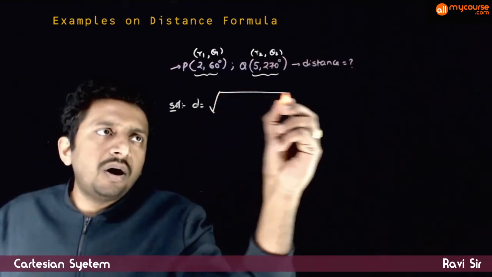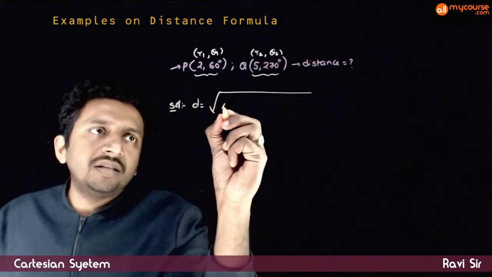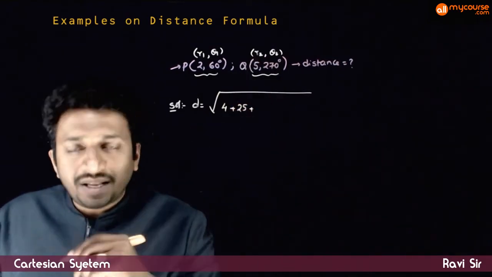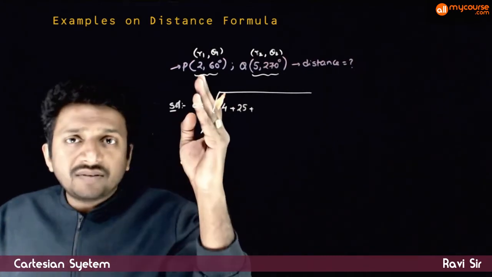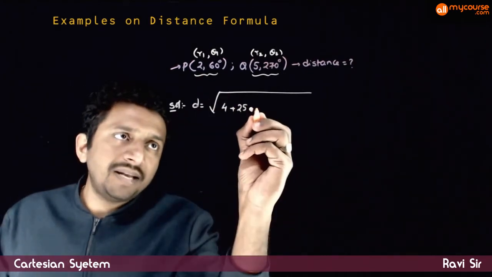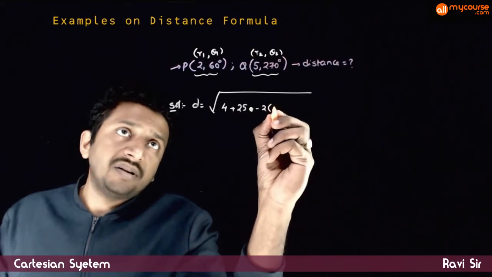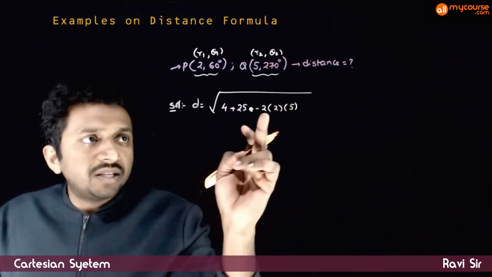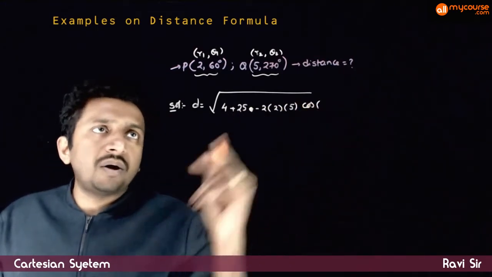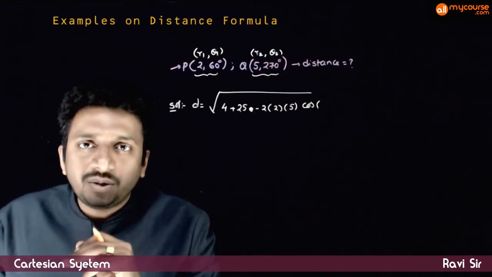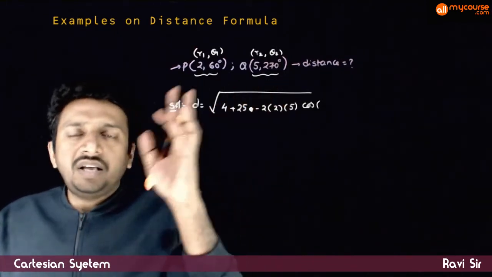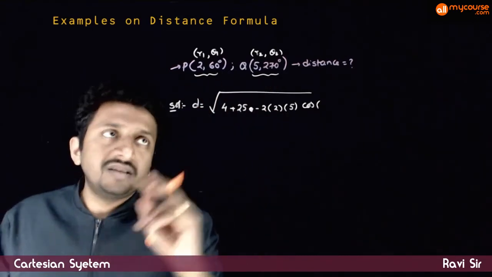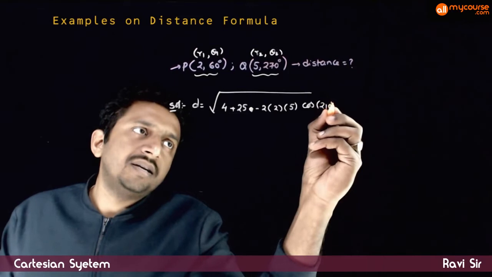D is equal to root of R1 square, that is 4, plus R2 square, 25, minus 2 R1 R2 into cos of theta 1 minus theta 2. That is 270 minus 60, so 210 degrees.